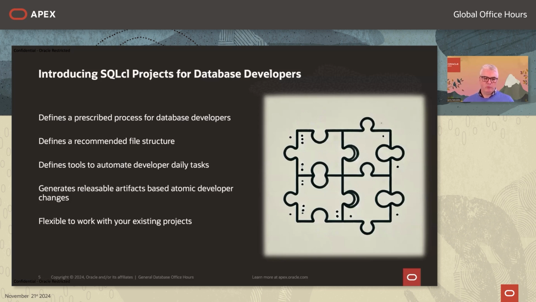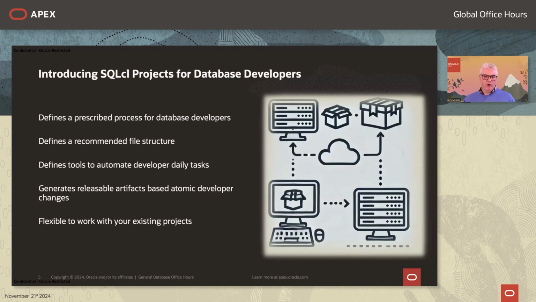And that is what we're aiming to do with these tools today. And the big part of all of this is that it should be, number one, flexible to work within your existing projects, whether you have a huge project today or something that you're starting, or it should be integratable within a build that you already have and add to those things as well.